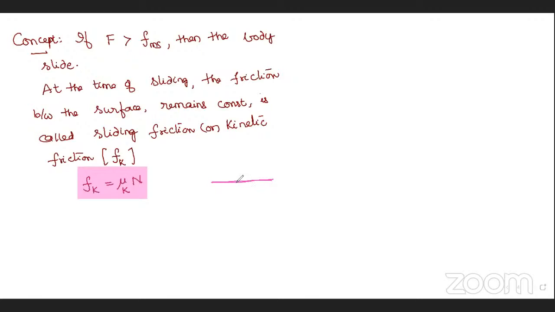That means once a vehicle starts moving, the friction between the two surfaces, the roughness, gradually decreases.